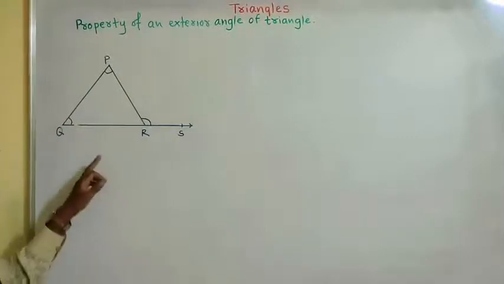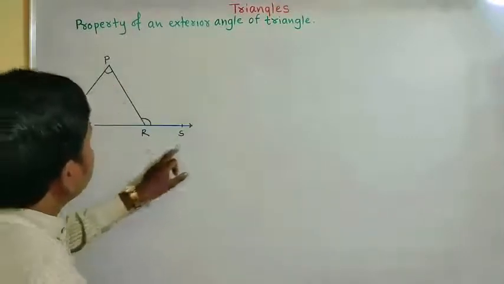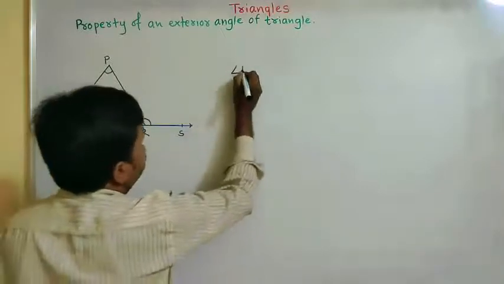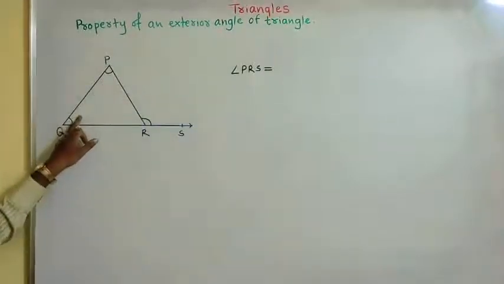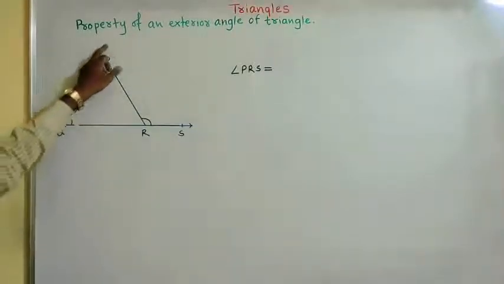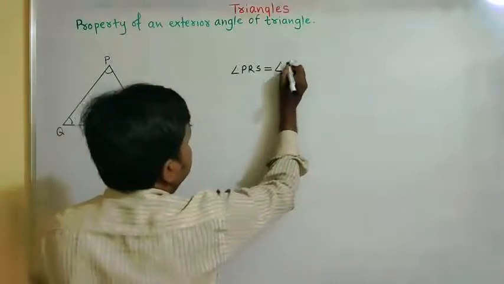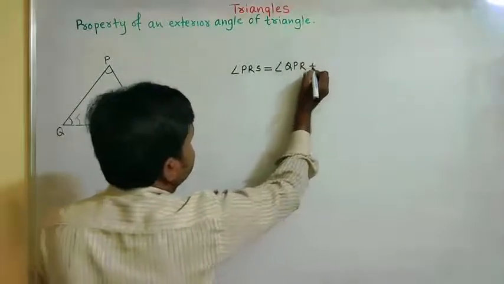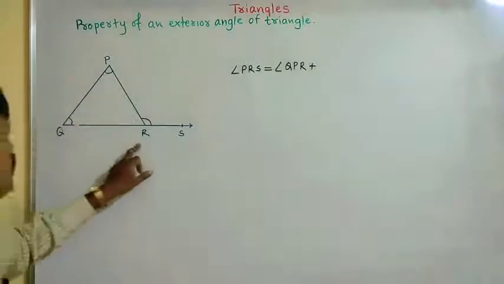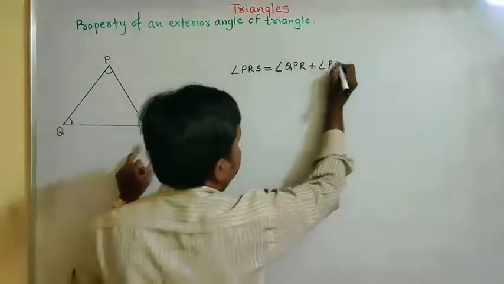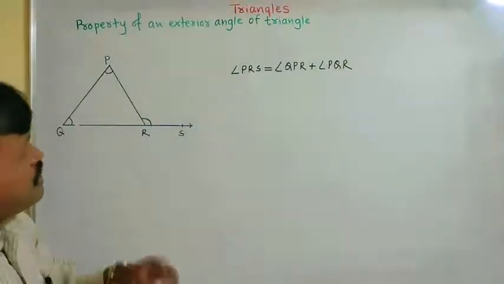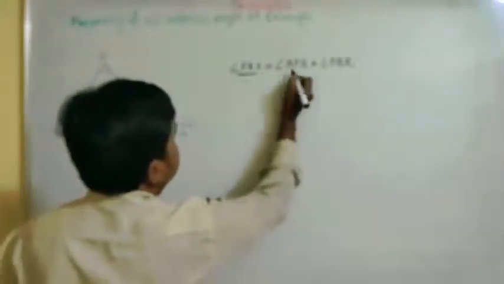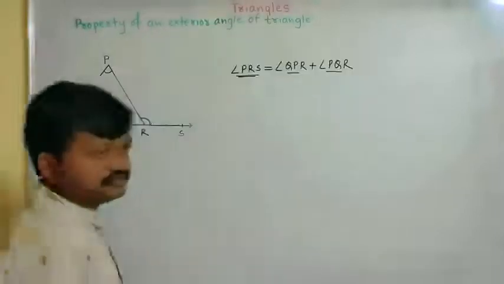So by the remote interior theorem, angle PRS is equal to the summation of these two remote interior angles, QPR plus angle PQR. So we saw this property previously. Now depending on this, look here. What is the relation between the exterior angle and the remote interior angles?